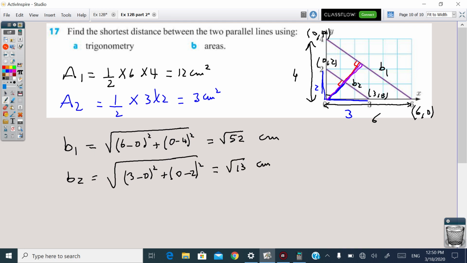Of course, you could have done this by Pythagoras. You could have said 6 squared plus 4 squared equals b1 squared, and 3 squared plus 2 squared equals b2 squared.